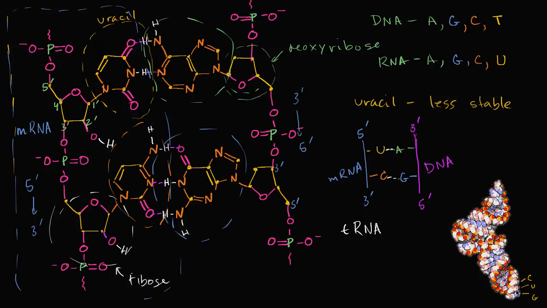And this right over here is a visualization of a tRNA molecule. So a lot of times when we think about DNA, we think about, okay, mRNA or RNA is an intermediary to be able to eventually translate it into proteins, and that is often the case. But sometimes you also just want the RNA itself.